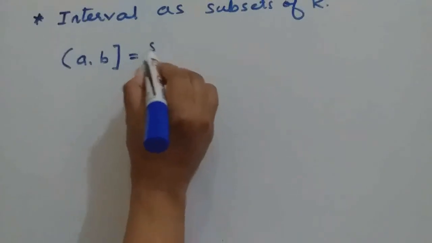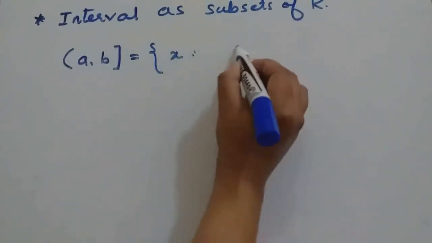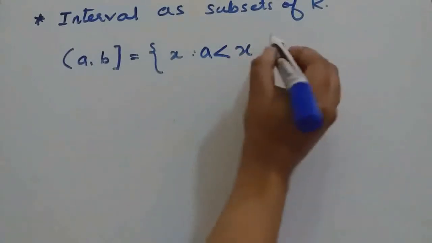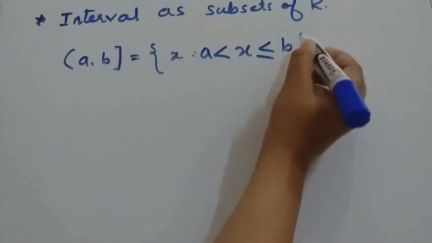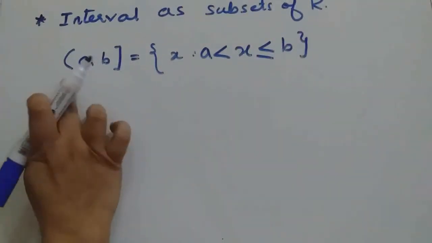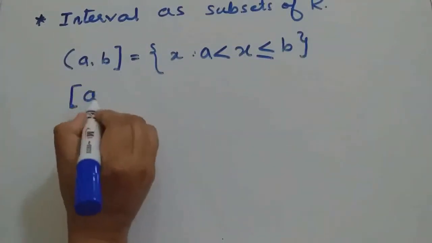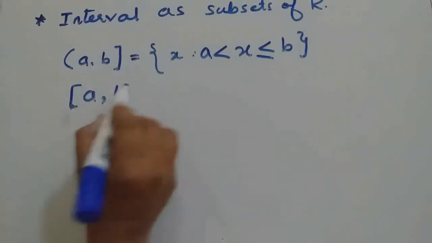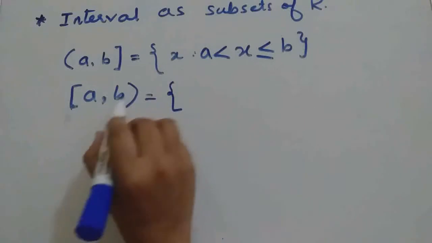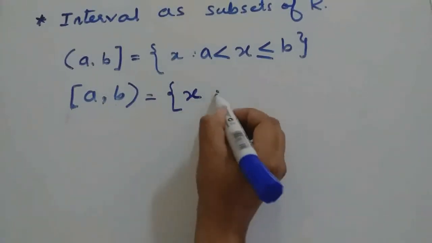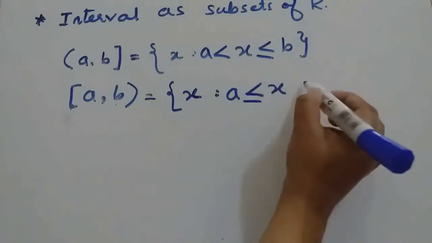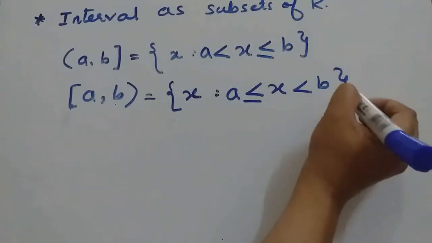It is a set of type such that x is greater than a but less than or equal to b. Similarly, we can have this set also, [a, b). What does it indicate? That it will have all elements x such that x is greater than or equal to a and less than b.